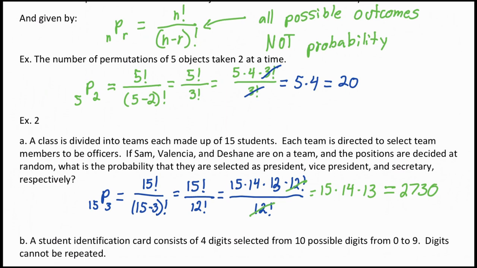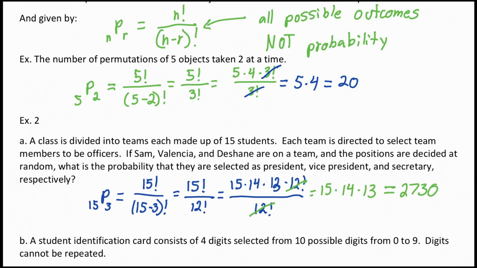Does that make sense? But it's asking us, okay, what's the probability that Sam is the president, Valencia is the vice president, and Deshawn is the secretary? We're trying to think of what's the probability that this outcome occurs. So how many outcomes do we have where we would get what we wanted? 1, right? Because this is only going to happen once. They're not saying any of them could be the president, any of them could be the vice president, and any of them could be the secretary.